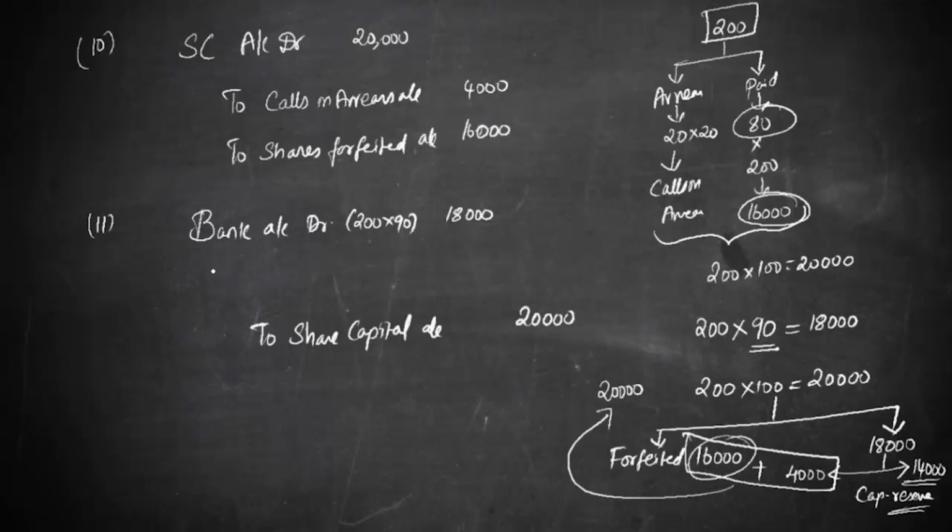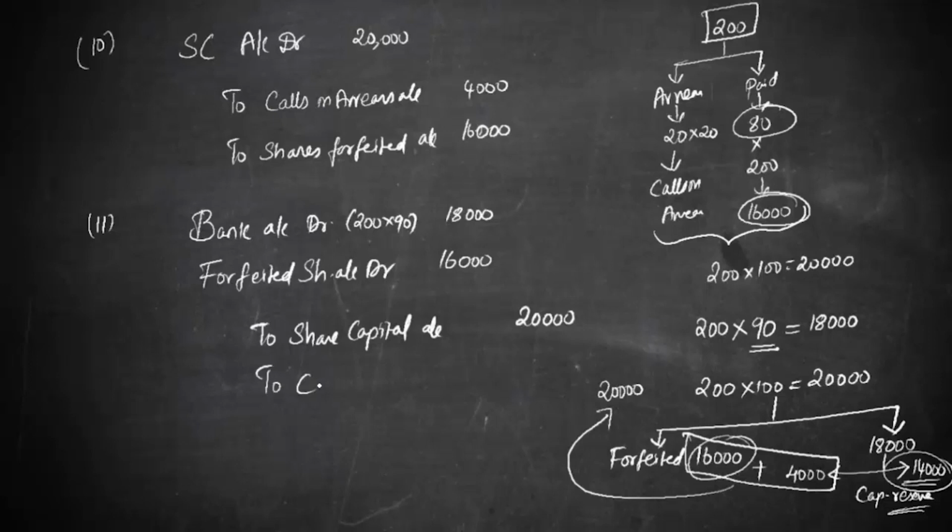Now I will bring back that. So the entry is forfeited shares account debit 16,000. Now out of this 20, 16 is taken care of from here. The remaining 4 is taken care of from here. It means you still have another 14,000. That's what we calculated here. And what is this 14,000? This is basically a capital reserve.